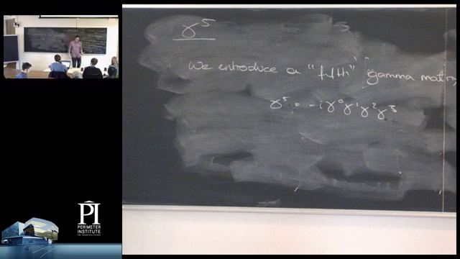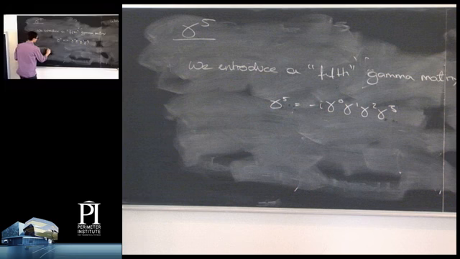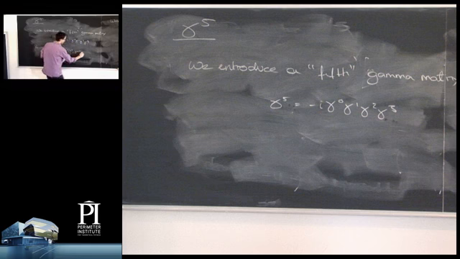Okay? It's dead easy. So you can convince yourself that this has certain properties. Firstly, it anti-commutes with the first 4 gamma matrices that we came up with. And secondly, it squares to 1.